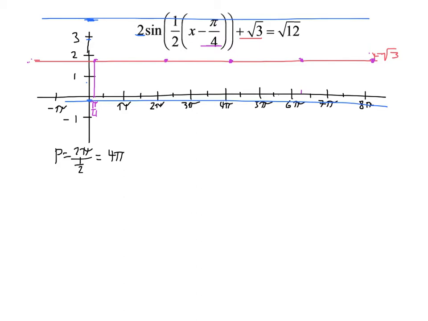So 1 pi in between these, we're going to hit our maximum. 1 pi in between these, minimum. 1 pi maximum, 1 pi minimum. So our curve, and let's see, if we go backwards 1 pi from this, we're going to be back here at a minimum. So our curve is going to be kind of smooth down there, weaving through these points, and so on and so forth.